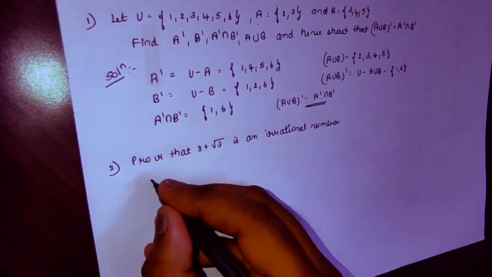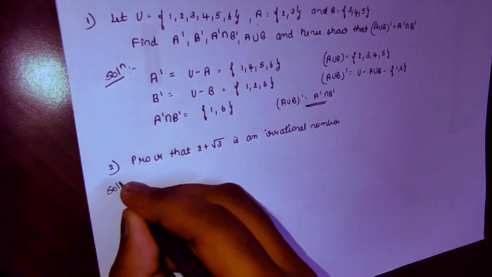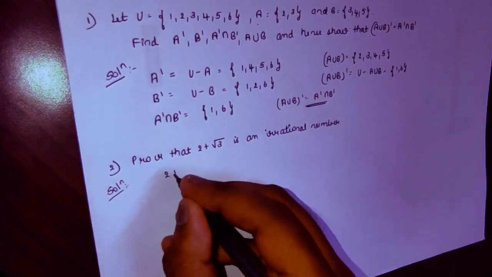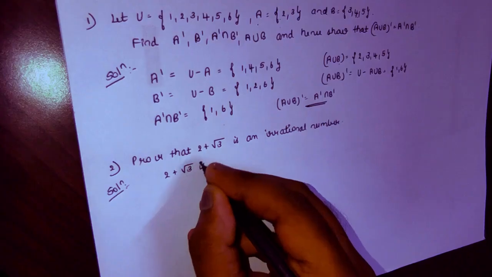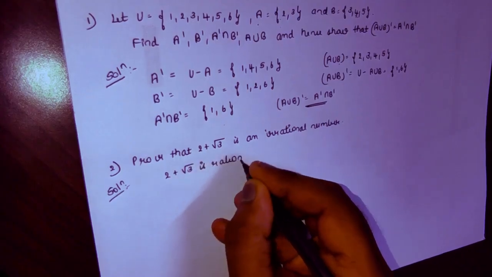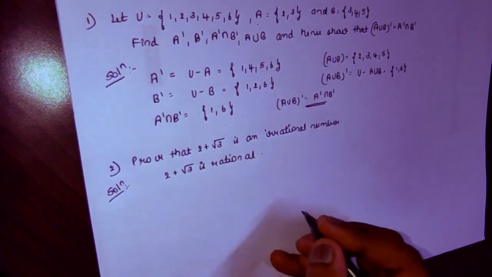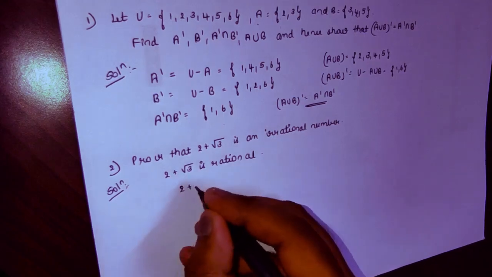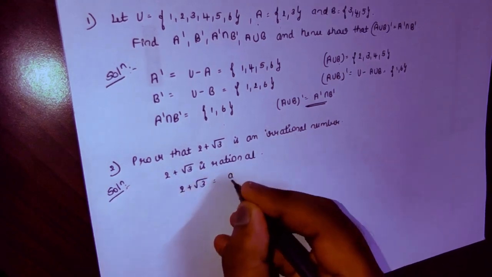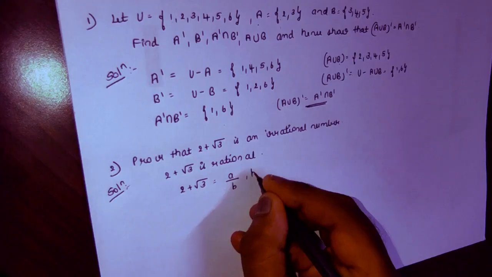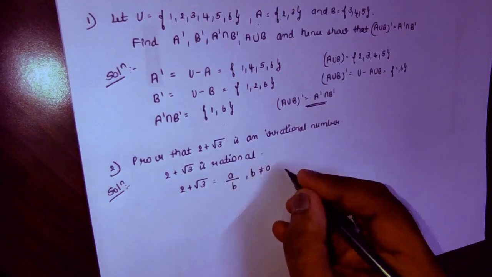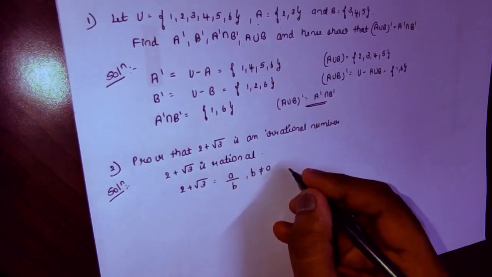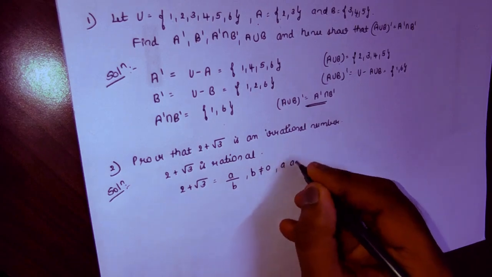First we will take that 2 plus root 3 is rational. If 2 plus root 3 is rational, then 2 plus root 3 is equal to a by b, where b is not equal to 0, and a and b are integers.